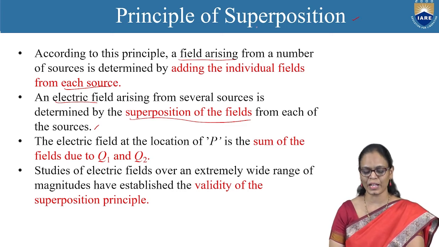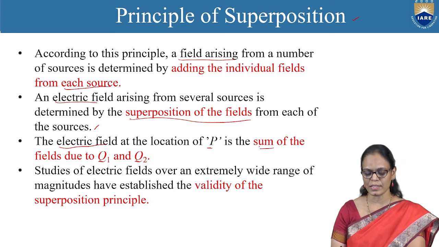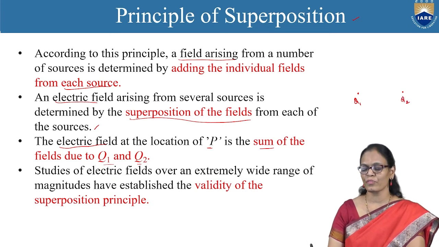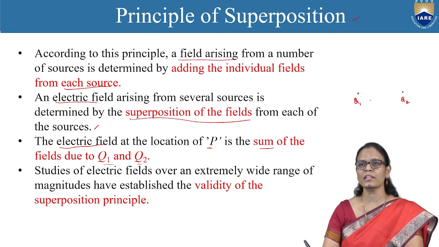So one such application we see is in the electric field. So if you want to know the electric field at a point P, it is the sum of the electric fields due to Q1 and Q2. Suppose you have a charge Q1 due to which you have an electric field. You also have a charge Q2 due to which also there is an electric field. Electric field is nothing but the space surrounding this charge where the influence of this charge is felt.